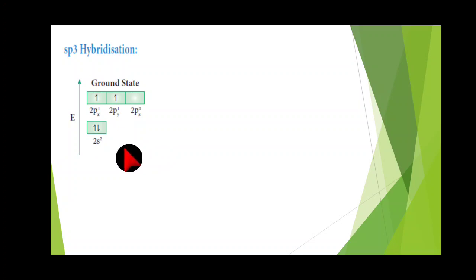Carbon atomic number 6, electronic configuration 1s2, 2s2, 2p2, right? Outermost alone we can write 2s2 and 2p2. It is in ground state.